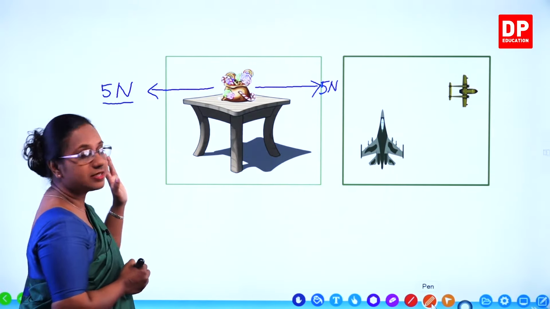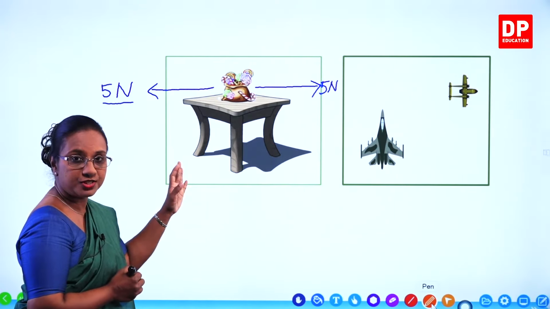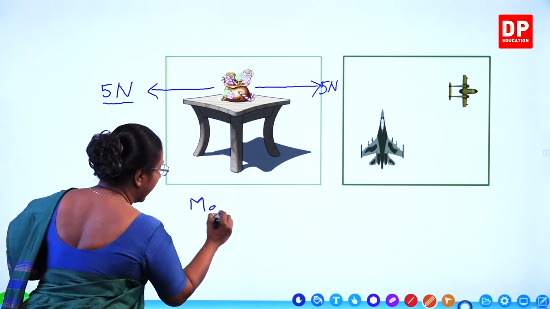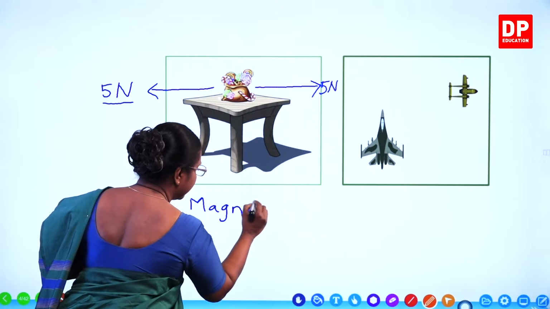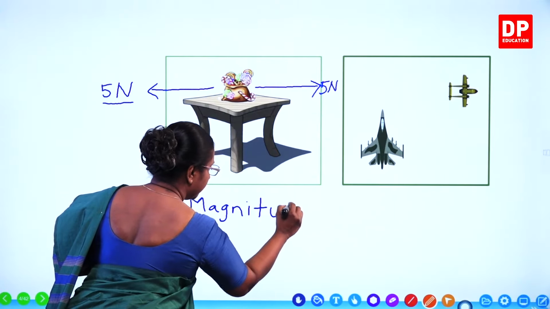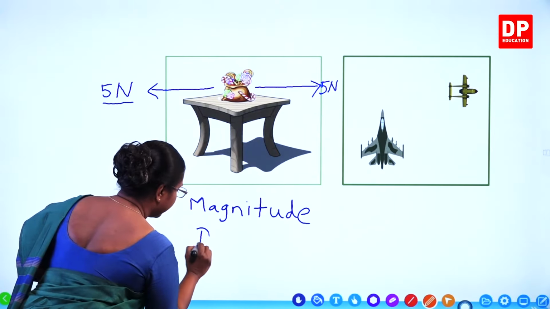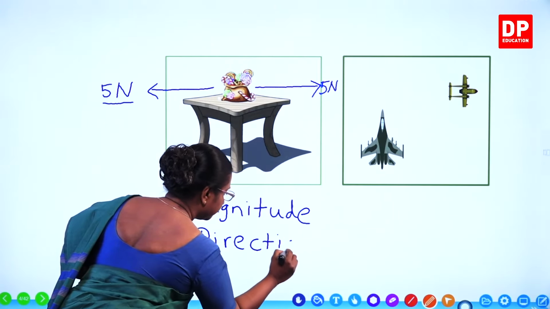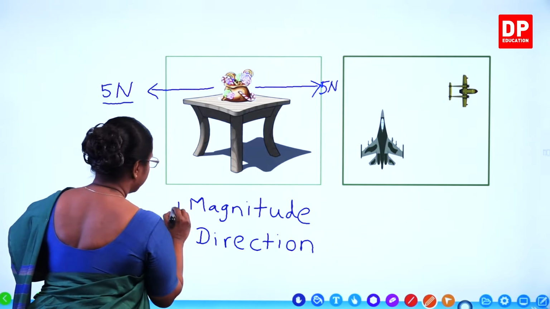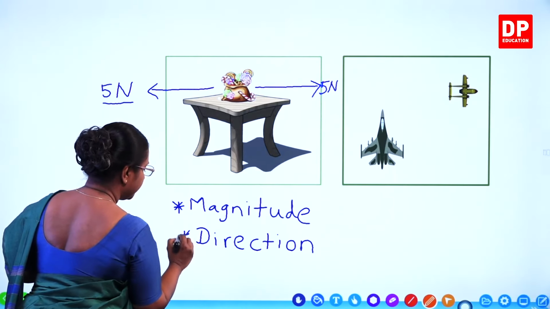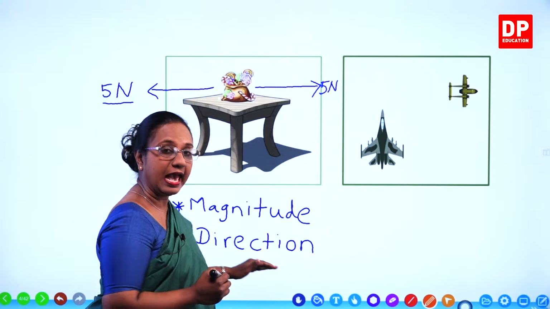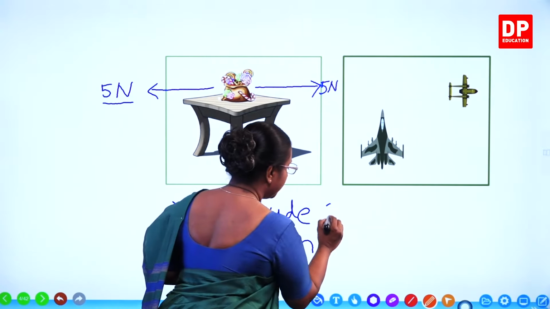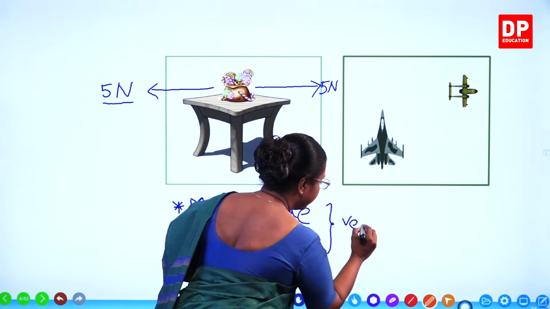So force is a quantity which has a magnitude and a direction. So the second type of quantity has a magnitude and direction. Then we call this a vector quantity.